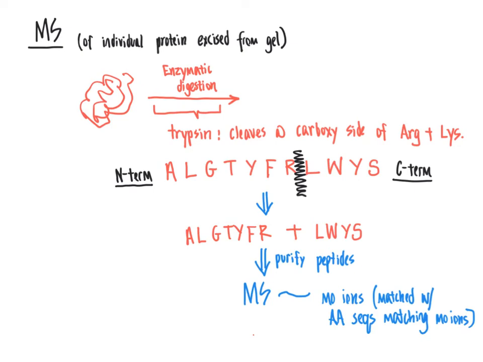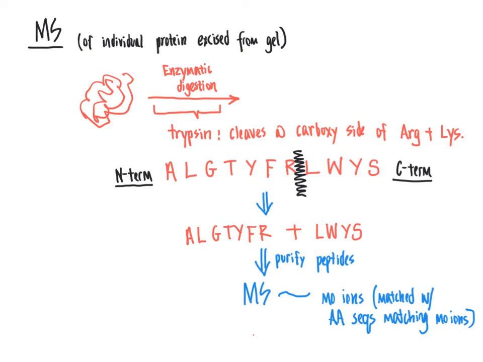Now keep in mind that that is a simplification, because in many cases there are post-translational modifications that occur for proteins, particularly in eukaryotes, where the protein's specific amino acids pick up glycosyl groups, meaning carbohydrate groups, or they're phosphorylated, or other types of modifications that would make these molecular ions not quite match up with the exact predicted amino acid sequence.